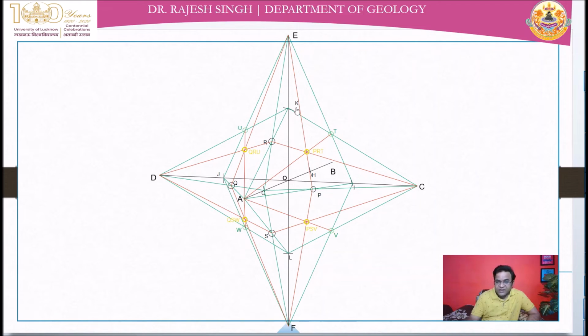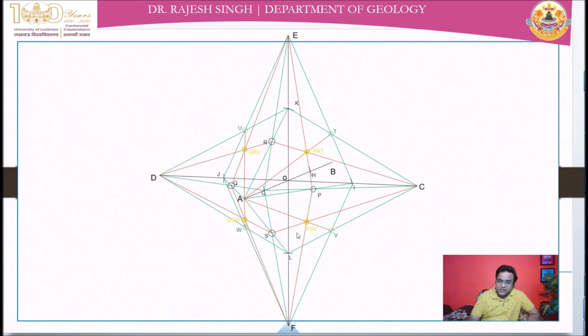So first draw it. When you join these 4 points, like PRT to P, T and R, you join like this.